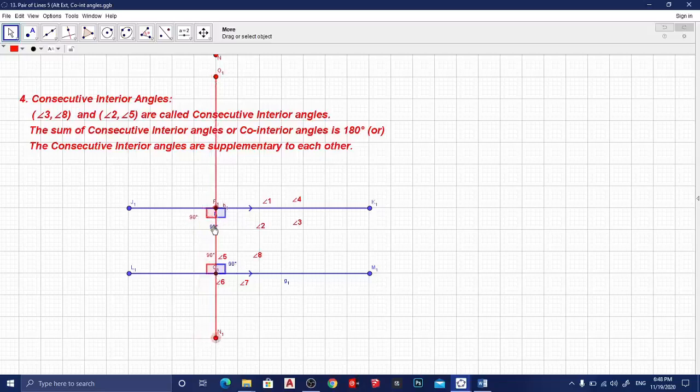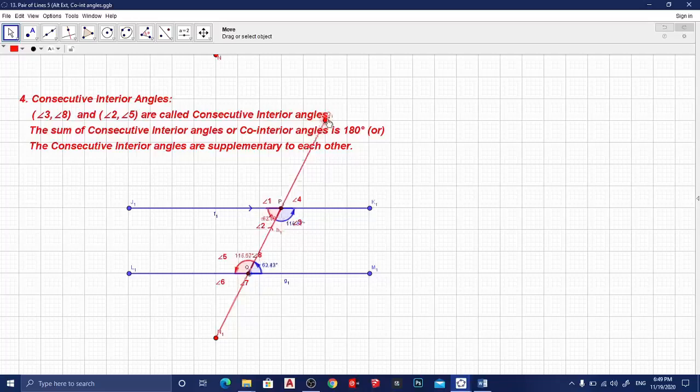If you observe here, these two angles are 90 degrees, these two angles are also 90 degrees. These two angles are co-interior and these two angles are co-interior, and this is 90 plus 90, 180 degrees, so supplementary to each other. And these two also 90 plus 90. That's why these two angles are also supplementary to each other. Like that you can remember easily.